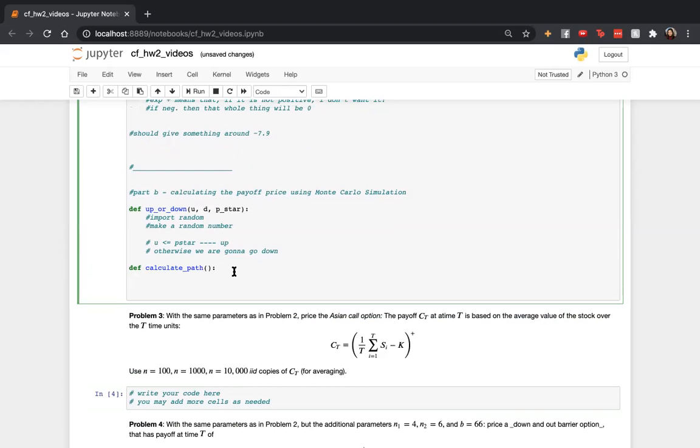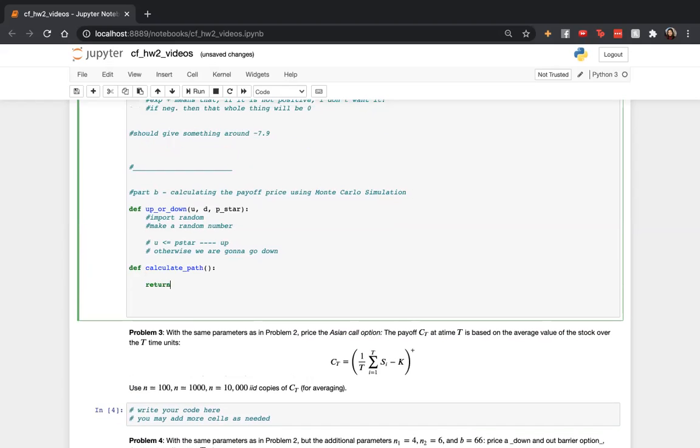So I am going to make something that returns, I'm going to comment this out, a list of stock prices, so S of n. It returns a list of stock prices for every day from 0 to t.